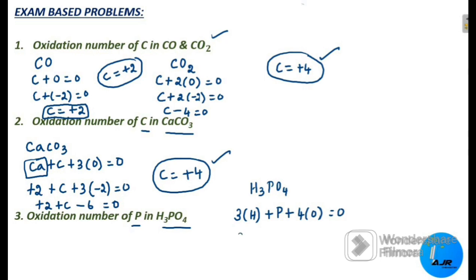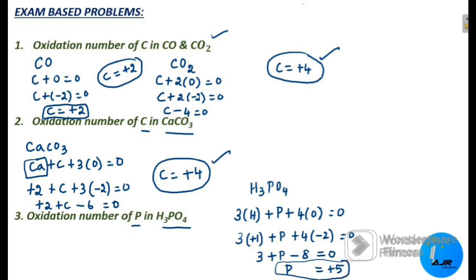What is the oxidation number of hydrogen? It is plus 1. So 3 plus phosphorus plus 4 into minus 2 is equal to 0. So 3 plus phosphorus minus 8 is equal to 0. So phosphorus is equal to plus 5. So the oxidation state of phosphorus in phosphoric acid is found to be plus 5.